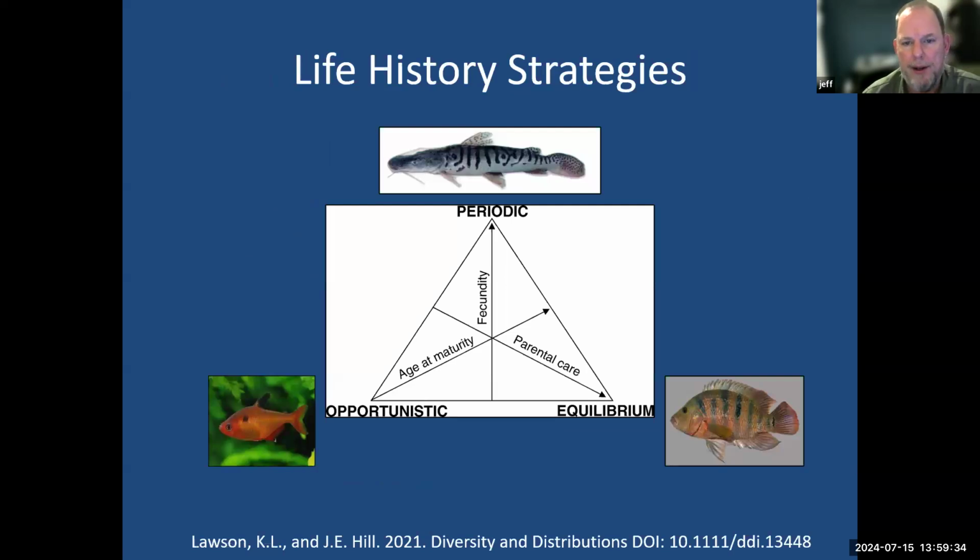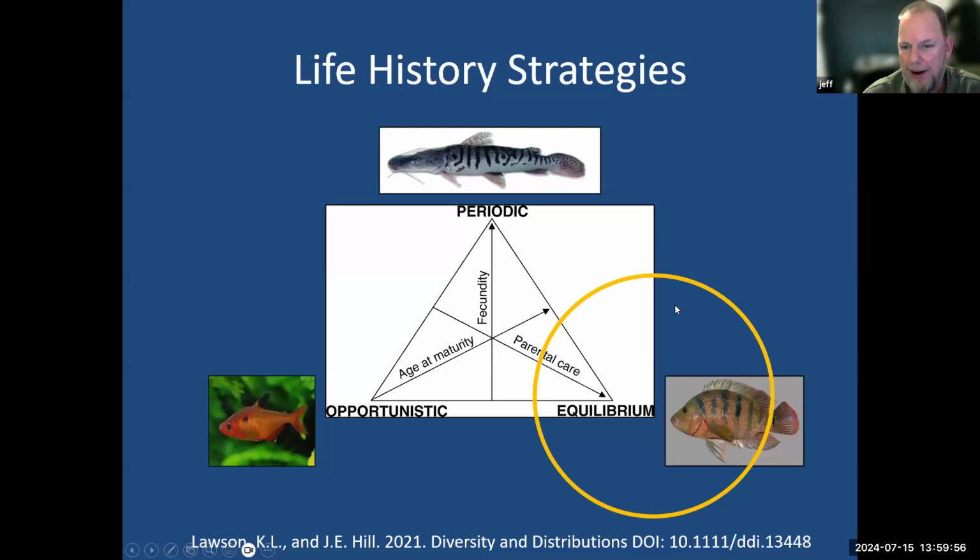These are the life history strategies, and I won't go deep into this, but there's three endpoints. There's a lot of species in between, and periodic and opportunistic species tend not to be successful in Florida, whereas the equilibrium species are the ones that are successful, though many equilibrium species have not been successful.